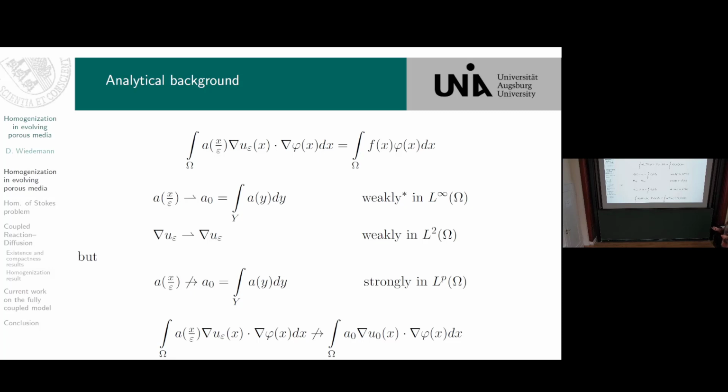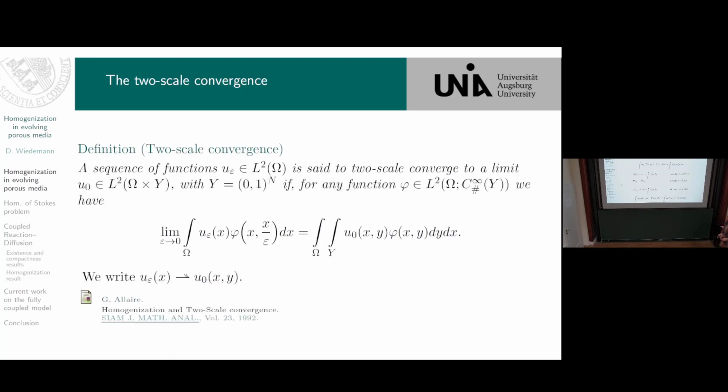What we want to have is some strong convergence, but in reality we have no strong convergence for this coefficient. One solution is given by two-scale convergence, which improves this weak convergence to weak two-scale convergence, which is a little bit stronger, and we can strengthen this to strong two-scale convergence, and then we have some strong two-scale convergence for this coefficient, and then we can pass in the two-scale sense to the limit.